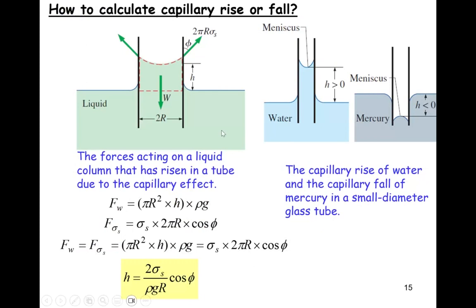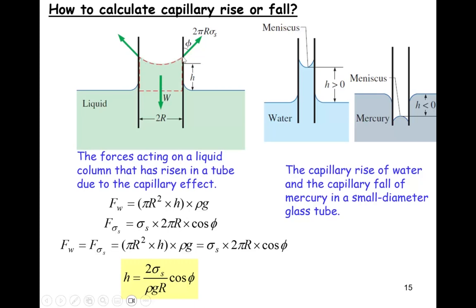Okay, now that we have learned the concept of capillary, we want to come up with the formula and see how we can estimate capillary rise in a tube or between two plates or whatever it is we consider. Now, you can see in this case we have put a tube inside the liquid, and the liquid level rises to some extent.